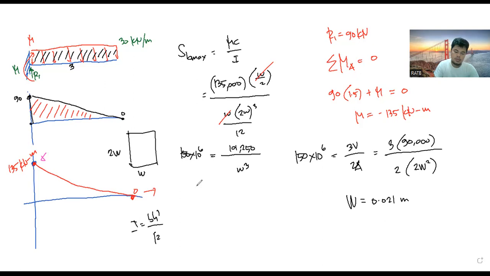Then take the cube root of it. So the width is equal to 0.0877, basically that's 87.7 mm.